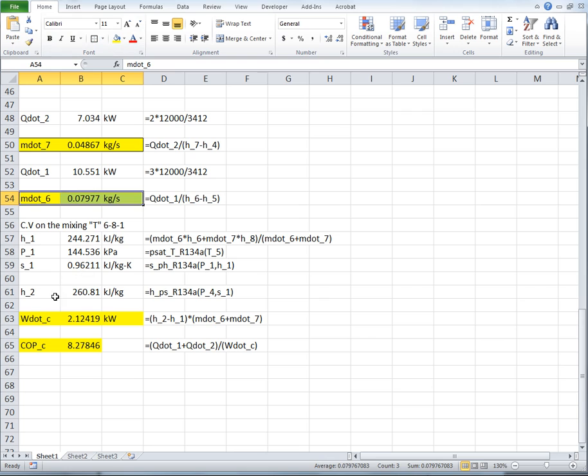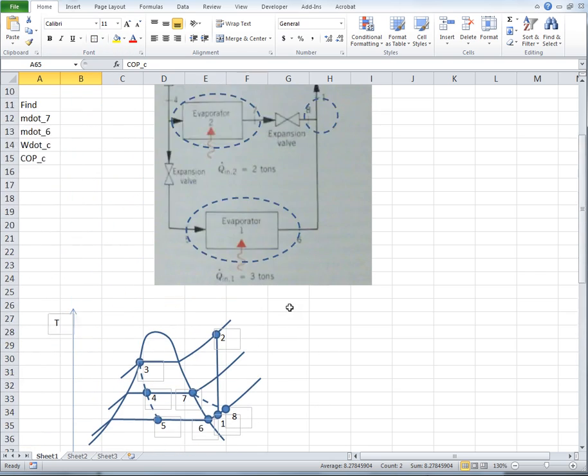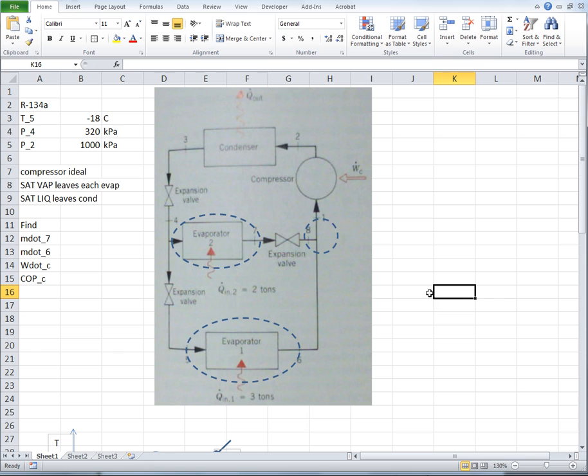That's it for this example. It's just been an example of a different kind of refrigeration cycle, and hopefully gives you the idea that you can take something that you haven't seen before, apply the basic principles for this type of cycle that we have learned, and take it piece by piece to break it down, analyze it, and find whatever information is requested.